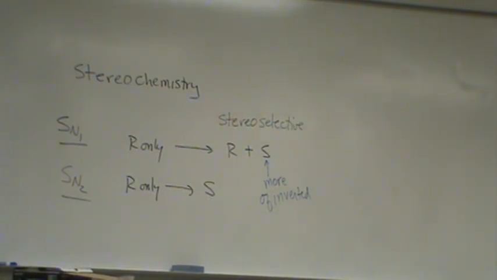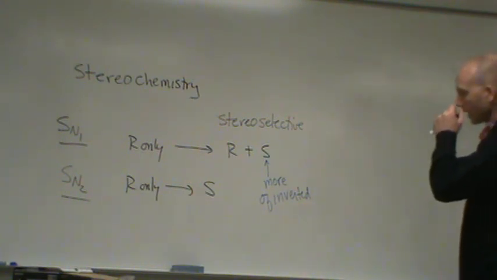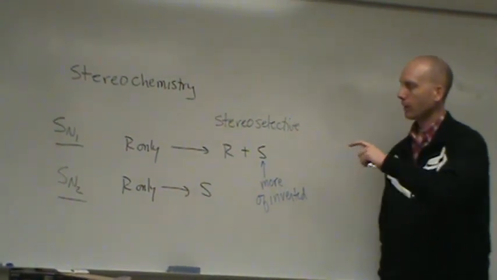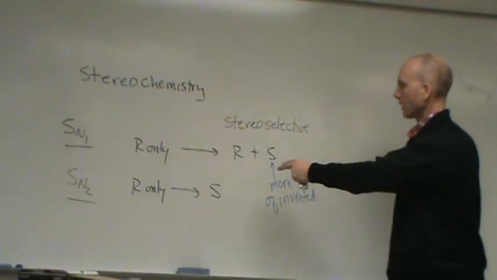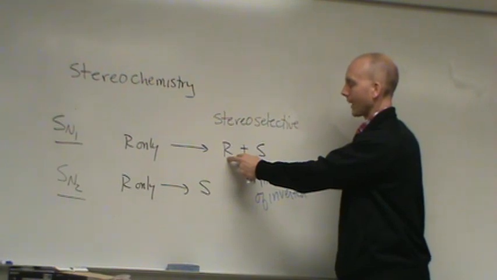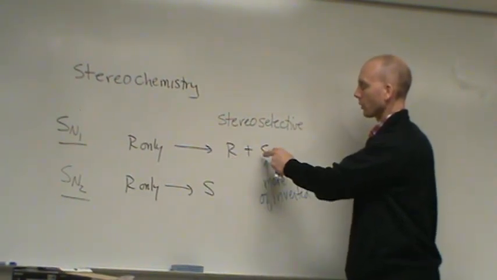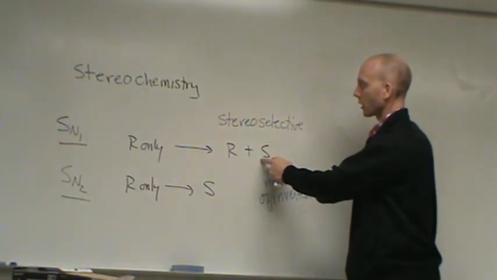The reason it does that is because SN1 has more steps to it. We didn't get into it, but what happens is that the leaving group shields the same side attack, and so you get more of the back side attack to start with.